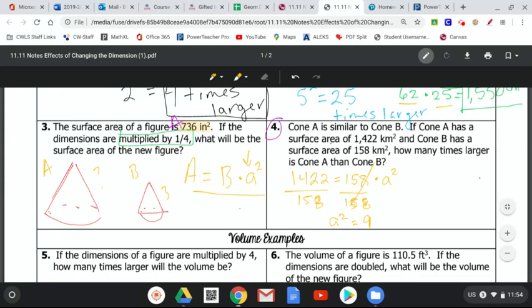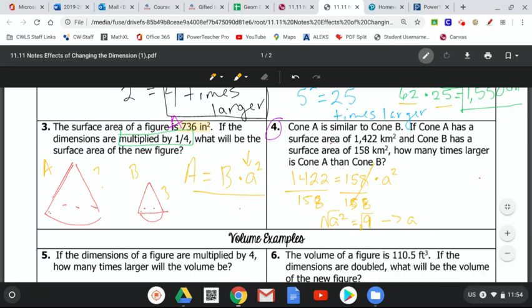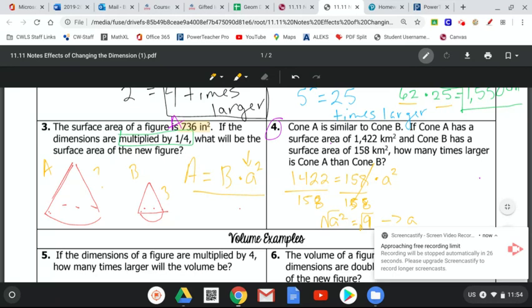So what we want to do now is go from A squared, and we want to find our A value. All we have to do to go from A squared to A is take the square root of that. So when we take the square root of 9, that gives us our A value of 3.